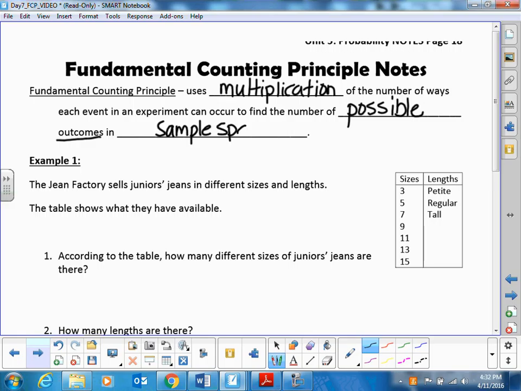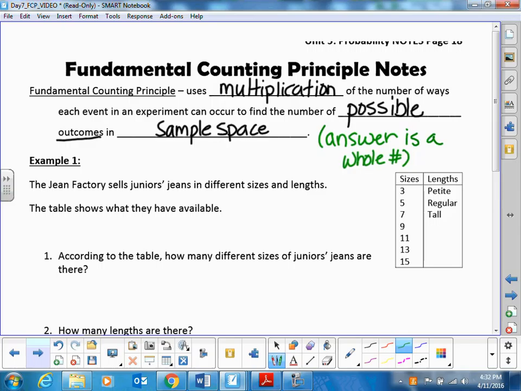I want you to put a little note that with FCP, or fundamental counting principle, your answer is a whole number. So all you're going to be doing is taking the choices that you have and multiplying them together.